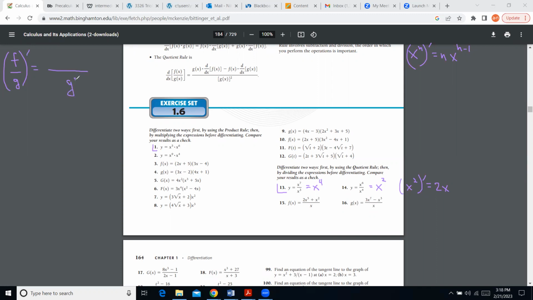So the formula we saw last time was f prime g minus g prime f, right? That's the formula that we should be familiar with. You could also use this formula for a quotient, but I highly recommend you not to bother with it if you can avoid using that formula.